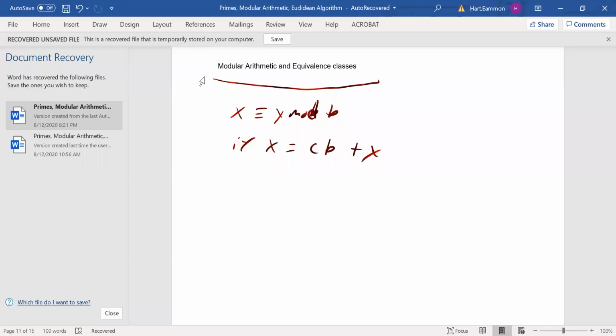So to give you guys something more concrete here, let's say we want to look at what is 57 mod 32. So here I would look at 57 is equal to c times 32 plus whatever my actual answer is.